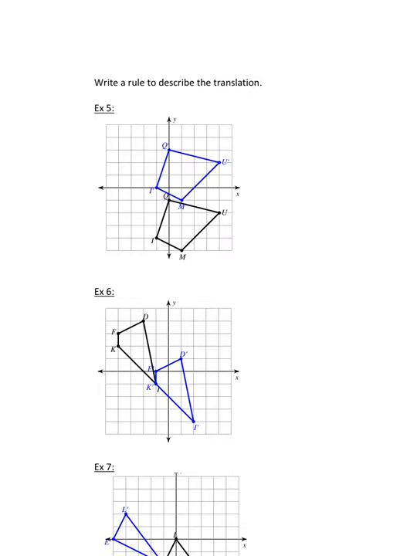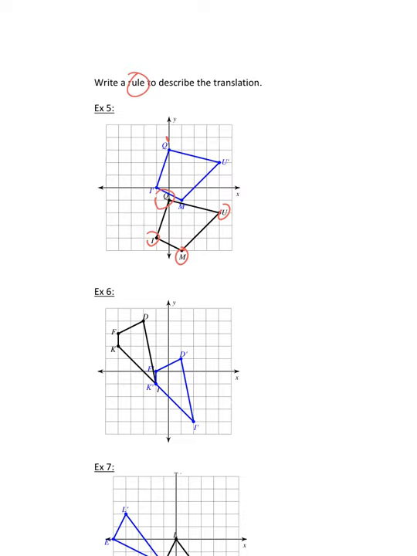And then you'll do some where you go backwards, where they give you the image and the original, and you have to write the translation. You have to write a rule. It's called a rule to describe what happened. So look to see which one came first. Oh, they forgot to put the prime on the Q. But the U has the prime, and the M has the prime, and the I has the prime. So you can tell which one came first because it has just the letters without the prime. So you would start counting on the M and count to M prime.